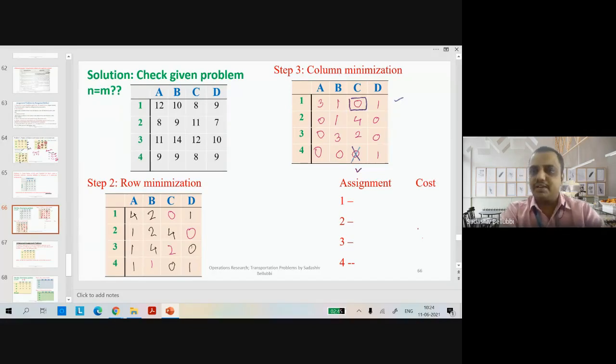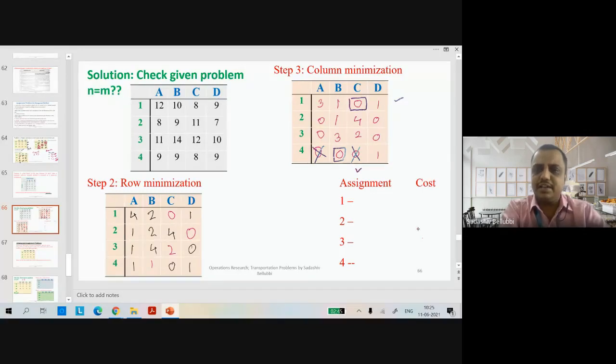After that, check the second, third and fourth rows; all 3 rows have 2 zeros. Column wise, the second column has a single 0, so it's better to assign the second column. If you assign it, then it will be cancelled, and in this column there is no 0. Now we can assign to anyone.